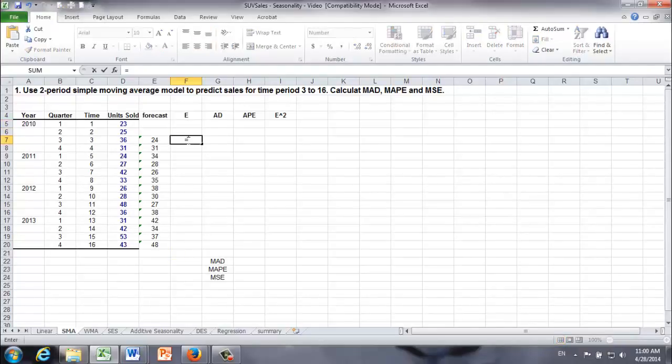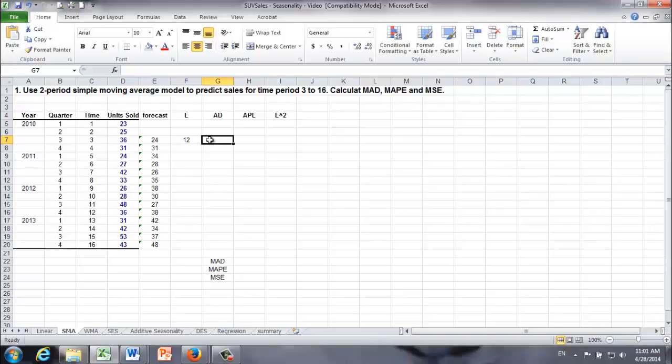The first forecast error is nothing but the actual sales minus your predicted sales. D7 minus E7 in my case, return. Okay, the forecast error is 12. Okay, we underestimated the SUV sales by 12 SUVs.